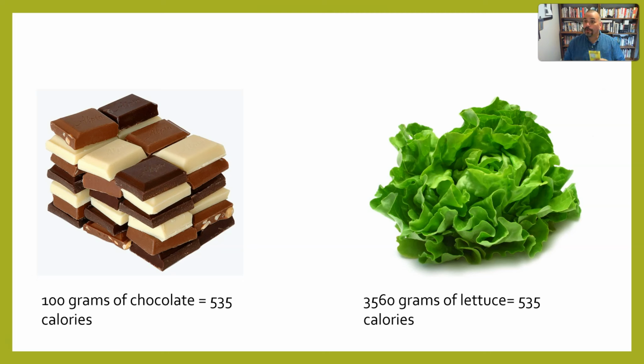And this bar that I hold in my hand has about 535 calories. So this is probably about an hour of fairly vigorous exercise that you could burn off with that many calories. So this packs quite a bit of a punch. And as you can see, I can hold it in my hand and it doesn't take up much space. Chocolate is calorically or energy dense.